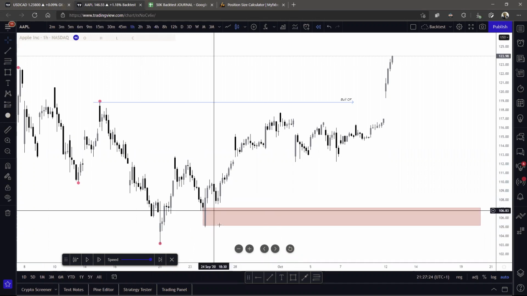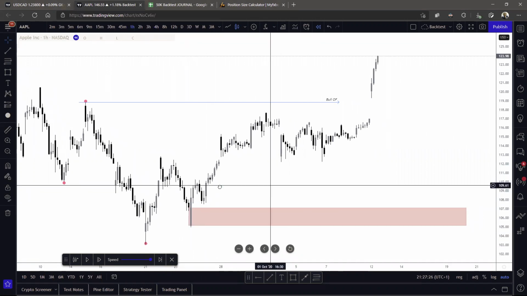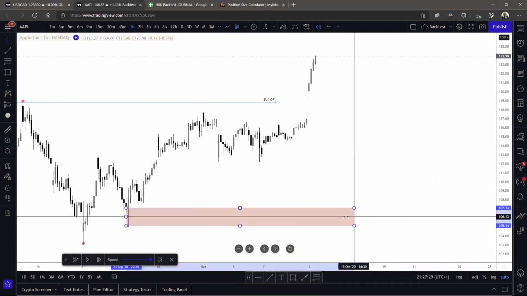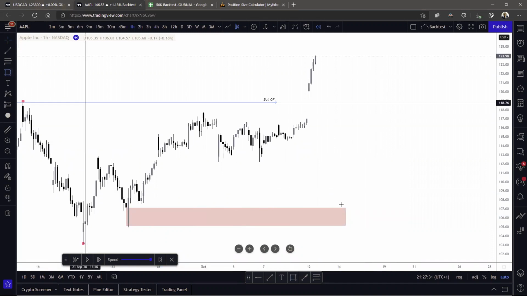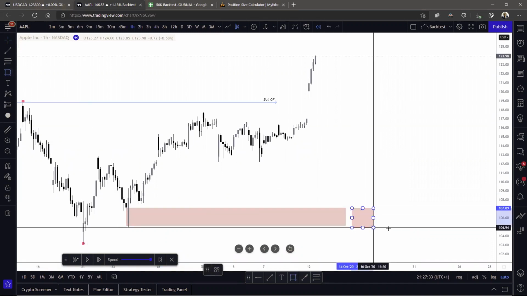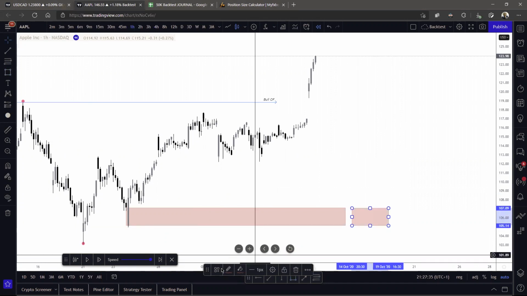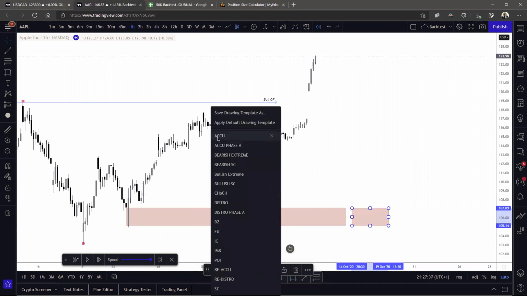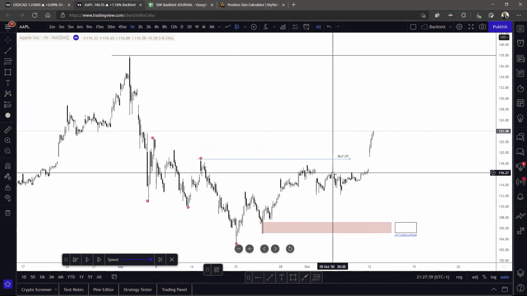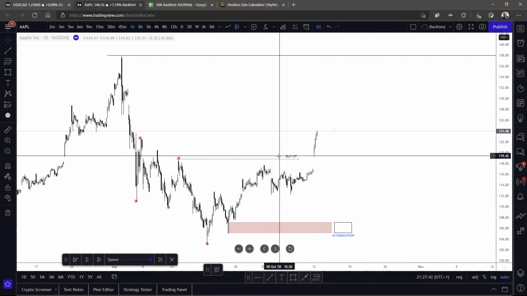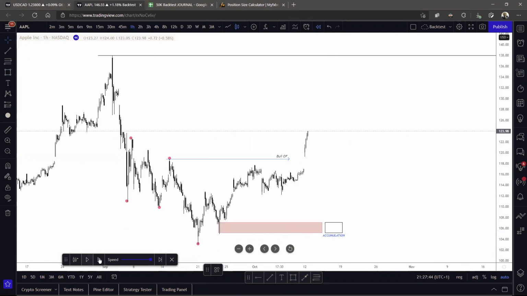So we can say this is mitigation of that. So if anything, we'll be looking for an accumulation somewhere in there with the stop just below it. Okay, so now all we need to do is wait for price to come back into there.